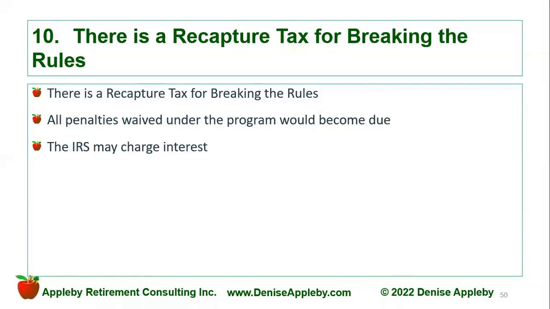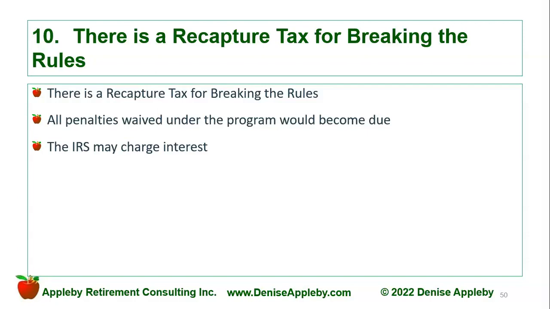What does this mean? Let's assume that someone starts a 72T program at age 50. And at age 55, they did something that resulted in a modification. Now, from age 50 to 55, they weren't paying the 10% early distribution penalty. But now that there is a modification, all the penalty that was waived from age 50 to age 55 now becomes due to the IRS.